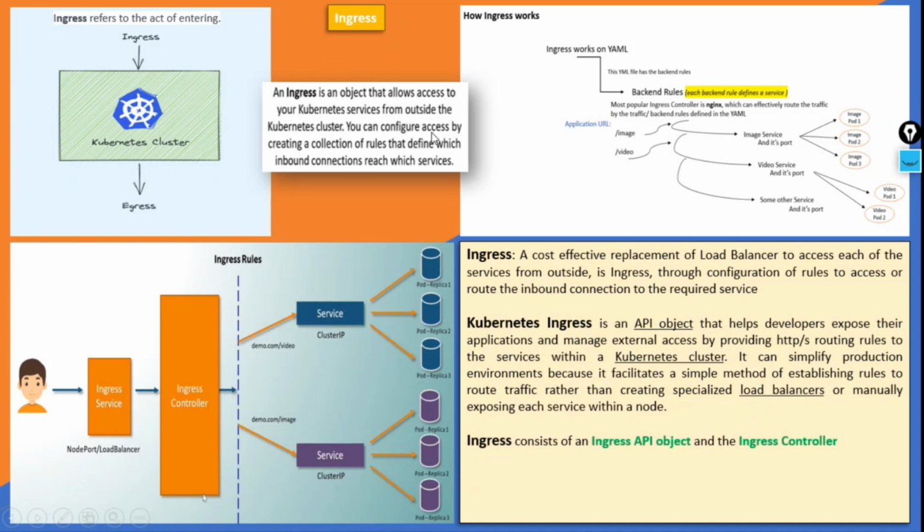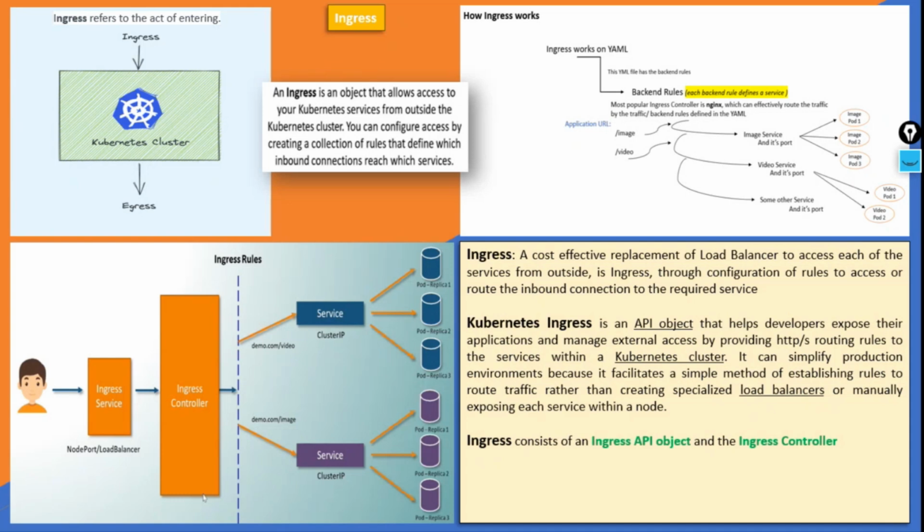You can configure access by creating a collection of rules. Like the ingress rules of the firewall inside Amazon Cloud to access your EC2 instance, similarly, to access your Kubernetes cluster, there is a set of rules that you can create, and that is called an ingress.